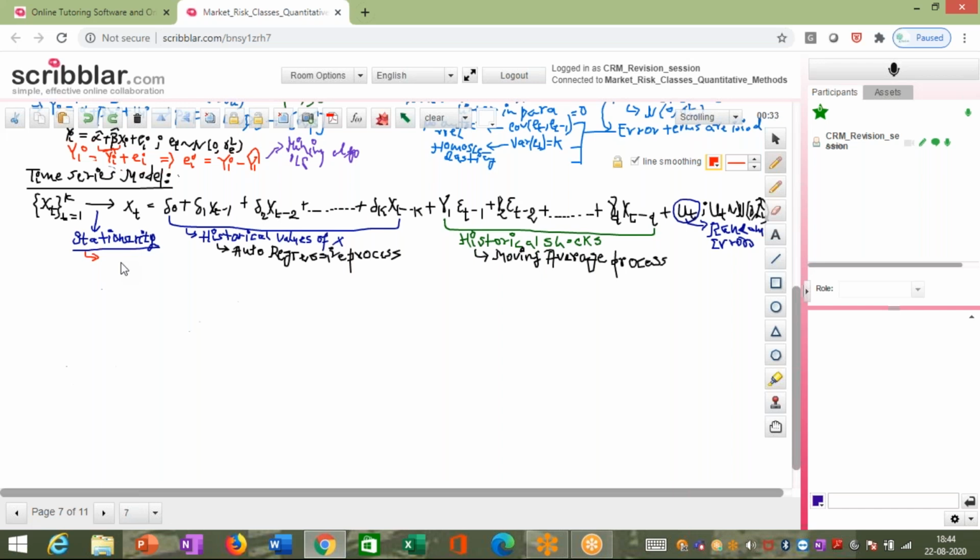Once you remove the impact of these temporary fluctuations from the data, you will reach a long run, and you'll see that the overall mean over different points of time will be more or less stable, because the business fundamentals do not change overnight, right?